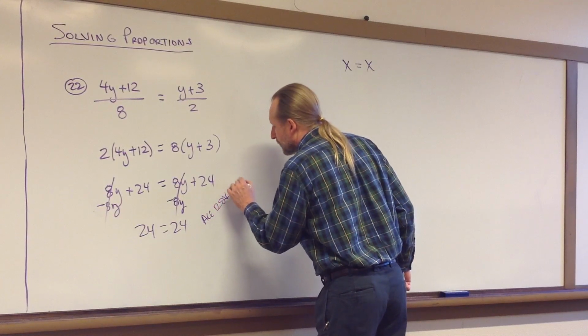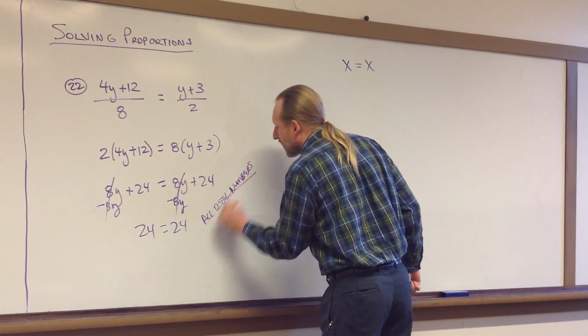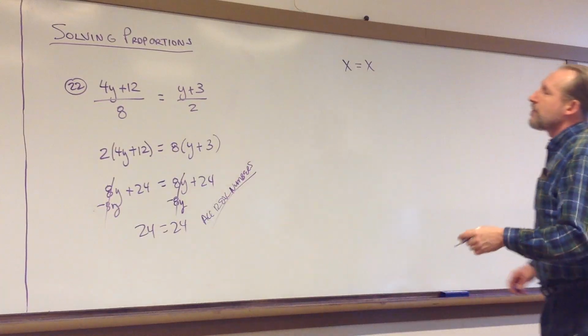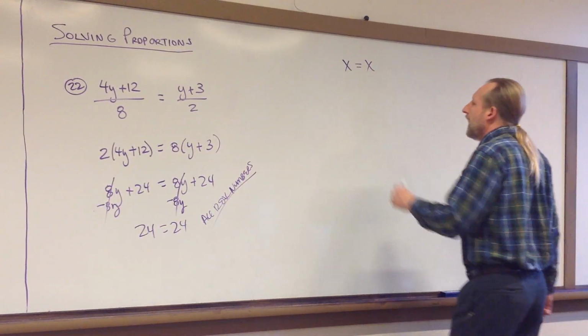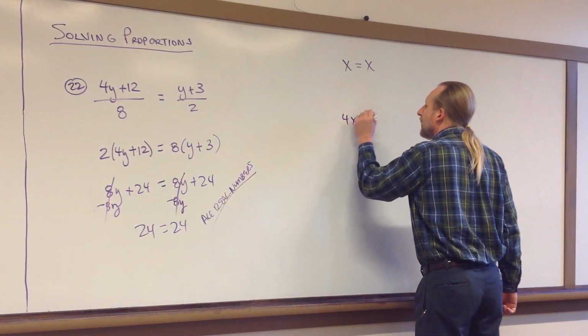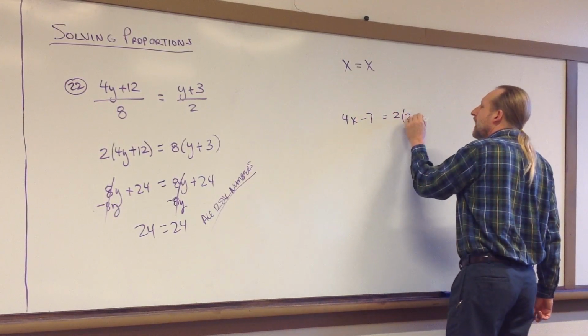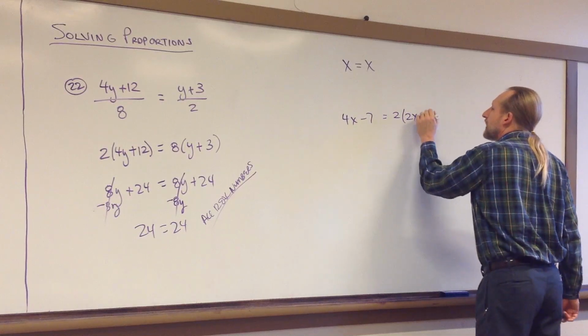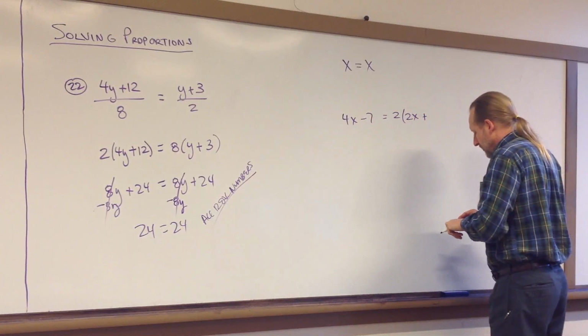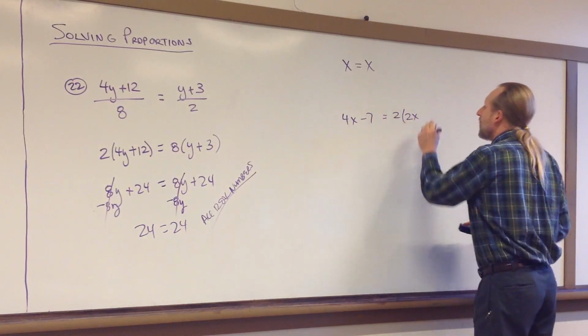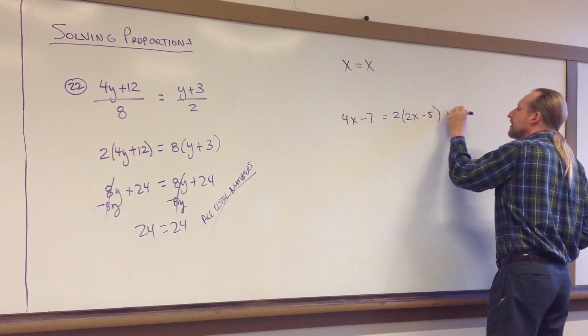all real numbers, okay? Now there's another thing that can happen where, let's say we have 4x minus 7 equals 2 times (2x minus 5) plus 3.